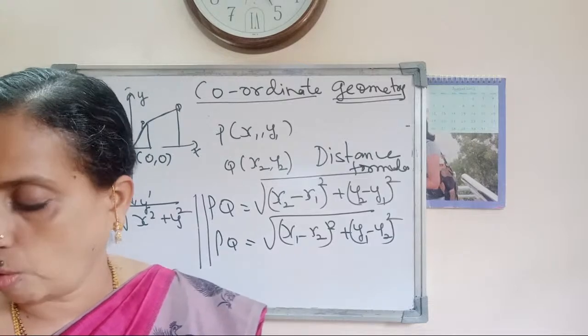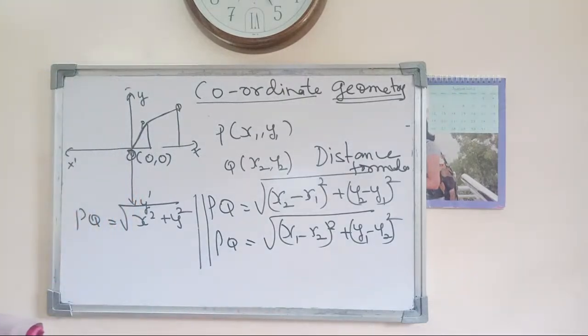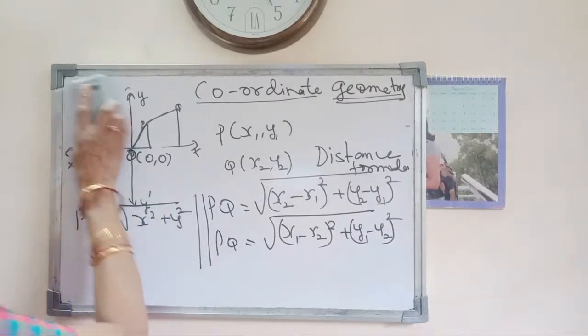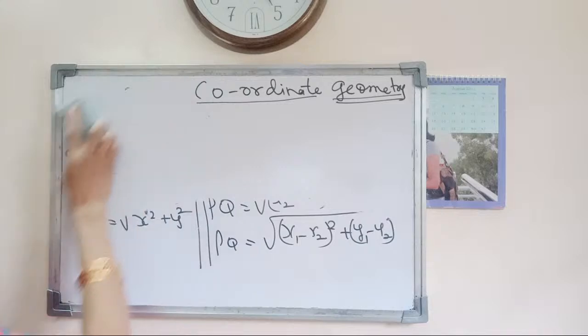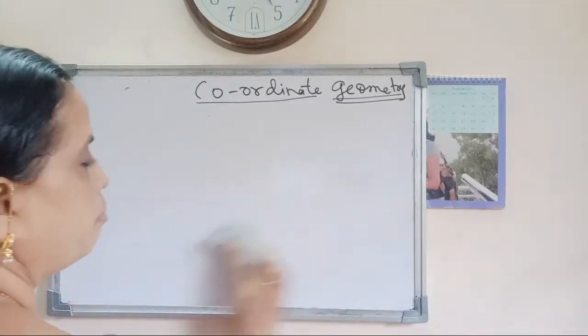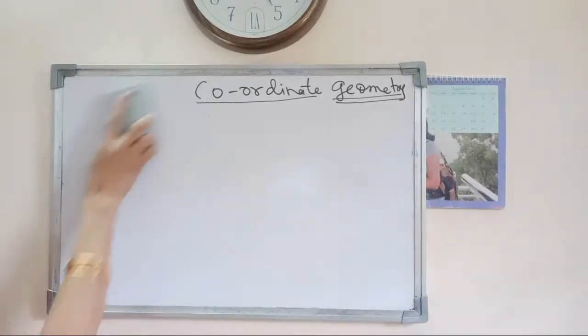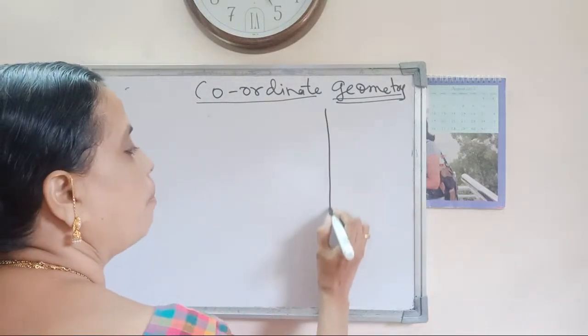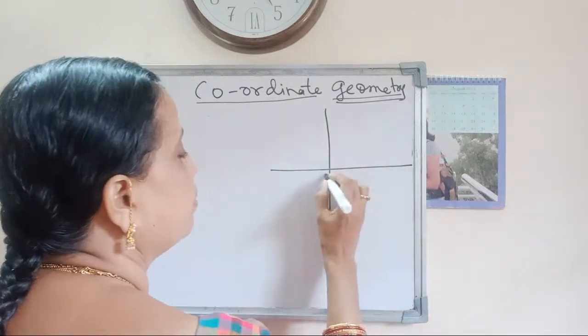Let us discuss the point on the x-axis and y-axis. This is about the distance formula. Next, in 9th standard itself, you have studied in linear equations what is the point on the x-axis and the point on the y-axis.